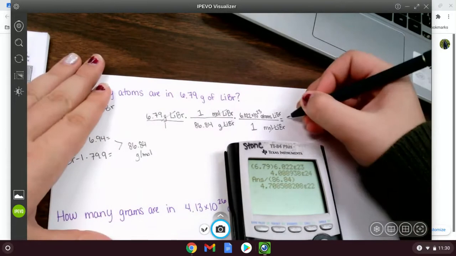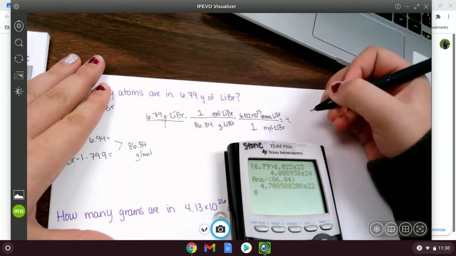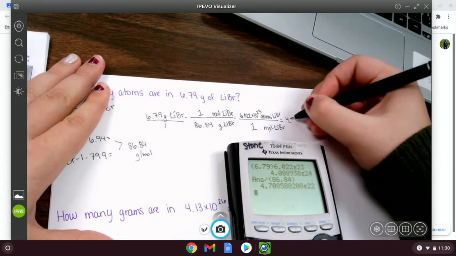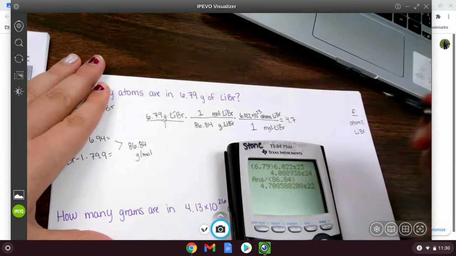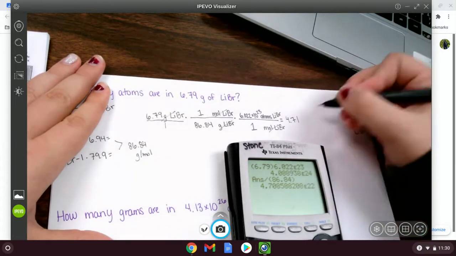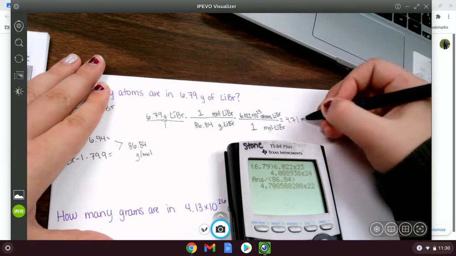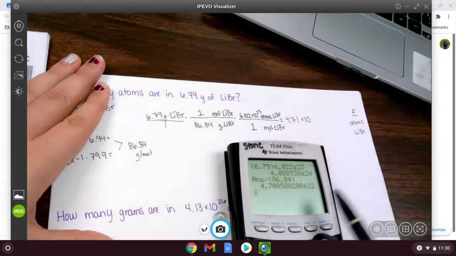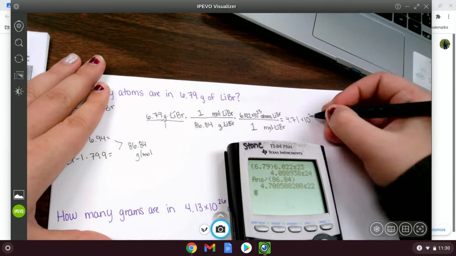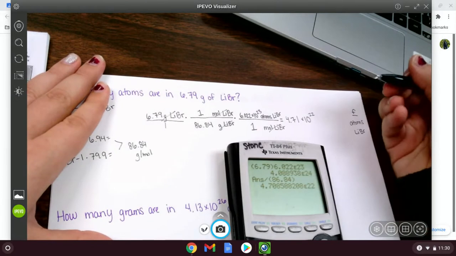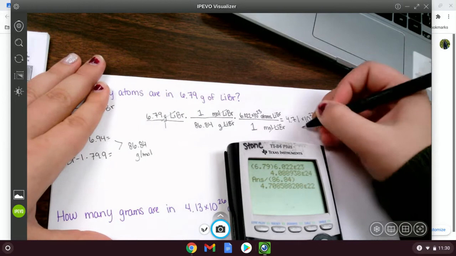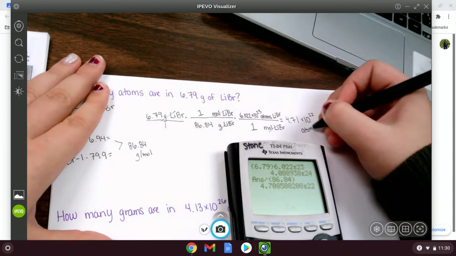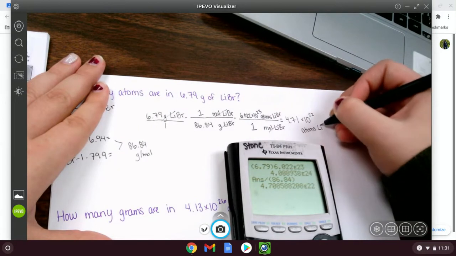So I need to have two decimal places, so 4.708 rounds to 4.71 times 10, remember this E stands for times 10, and then 22nd. That's my number. Now I need my units, which is atoms LiBr.